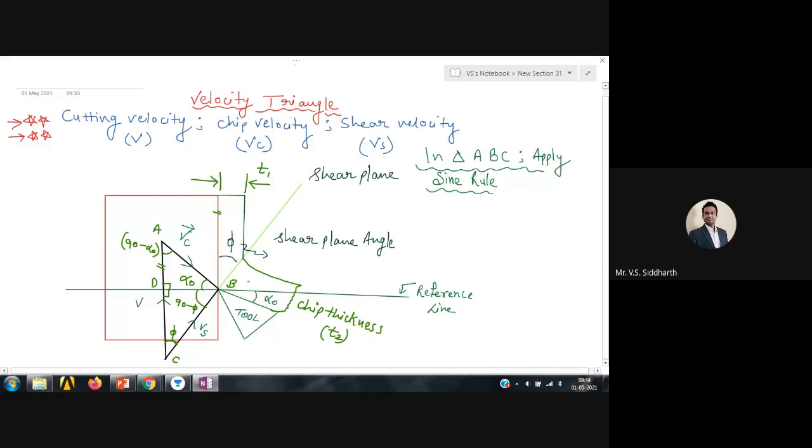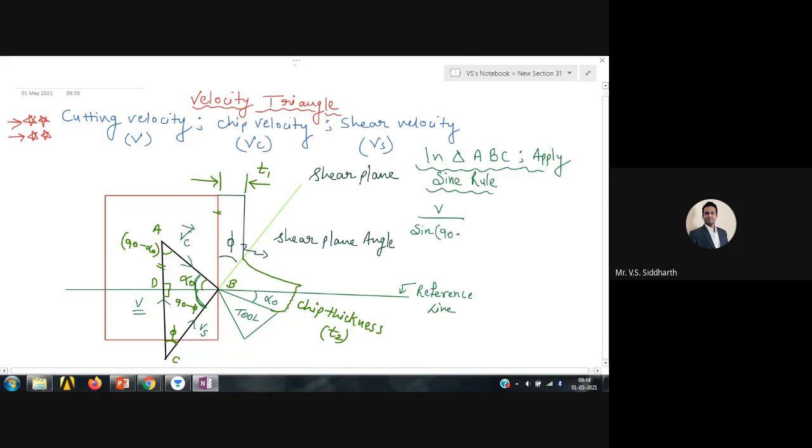Sine rule, you know, na? So this side is V. V divided by sine of how much? This complete angle. So how much will it be? 90 minus phi plus alpha naught.